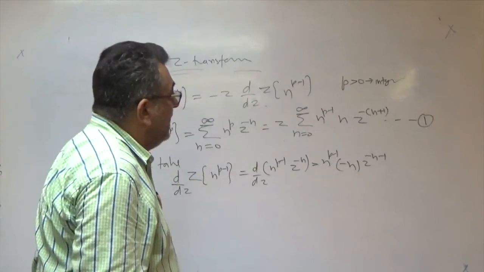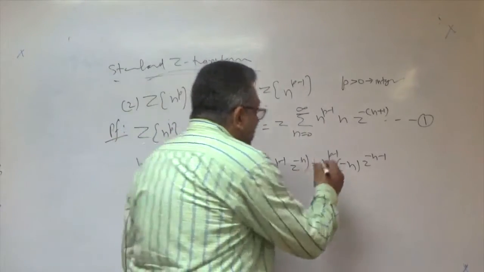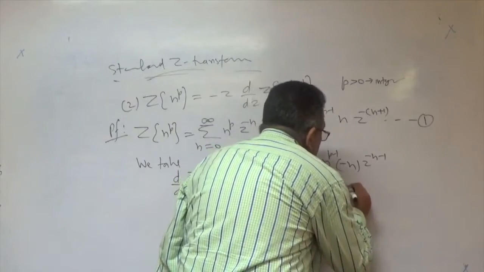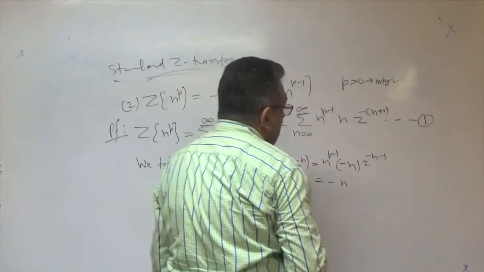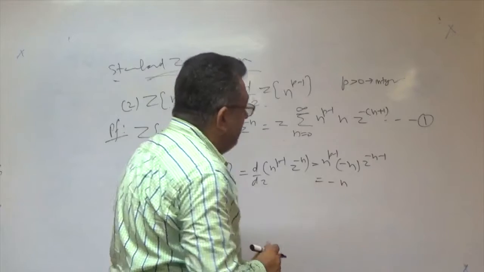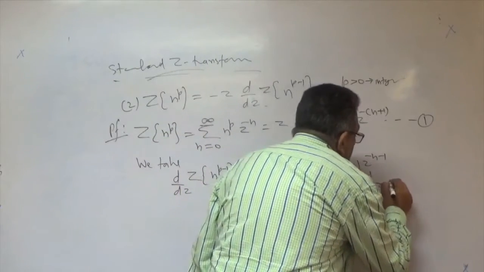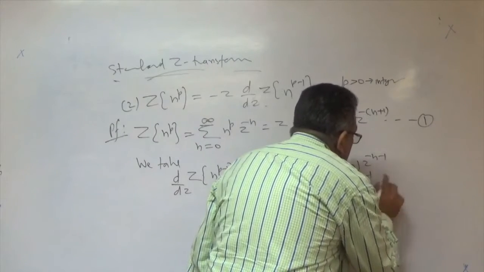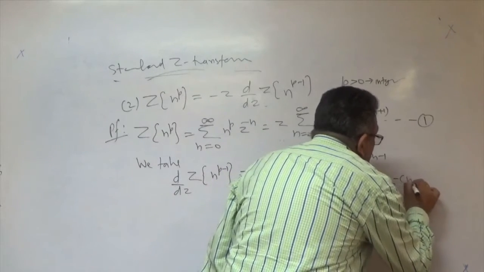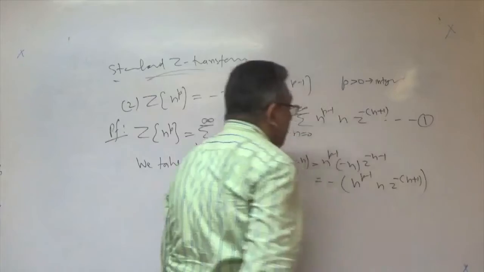Right? Then we see that this is minus n to power p minus 1, n, and z to power minus n plus 1.